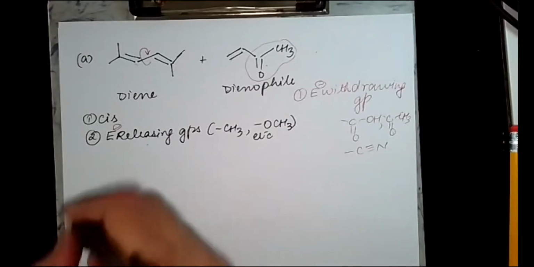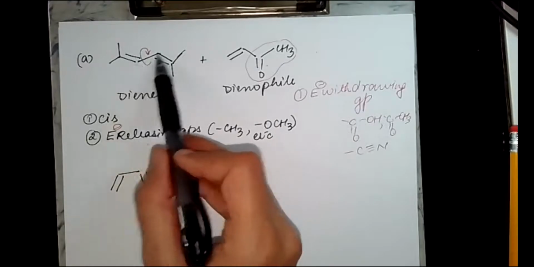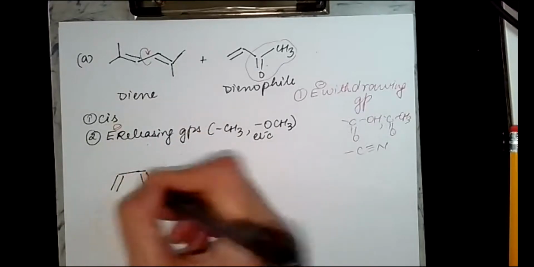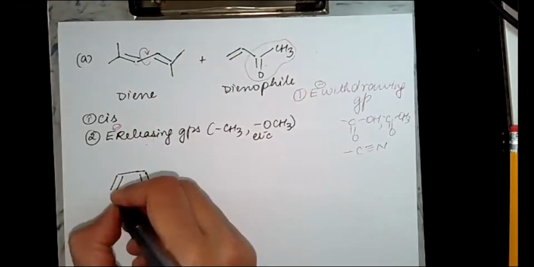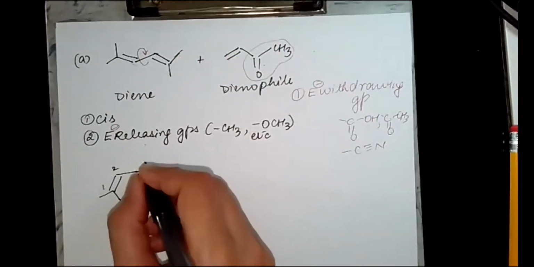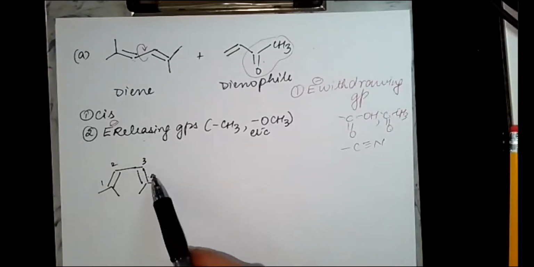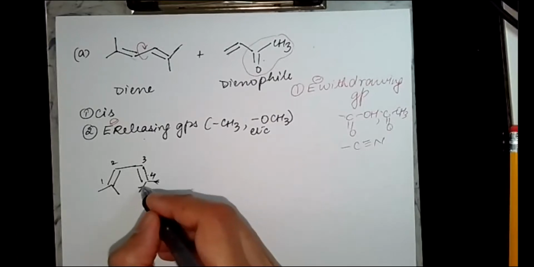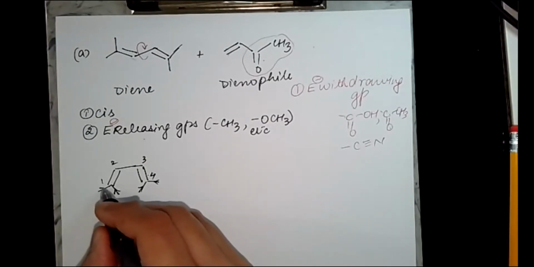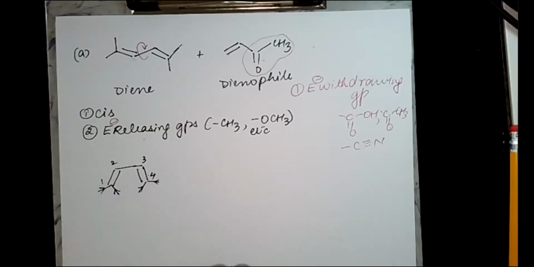Yes, it can. So across the single bond, both the double bonds are on the same side. And I have substitutions on the 1,4 carbons, making this diene very electron releasing. So an electron rich diene.